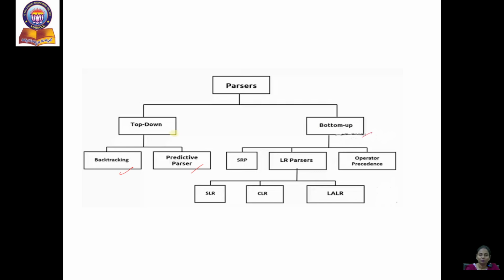In bottom-up parsing we have the shift reduce parser, LR parsers, and operator precedence. LR parsers can again be divided into SLR, CLR and LALR. In the next class we will discuss each and every technique in detail with an example. Thank you.